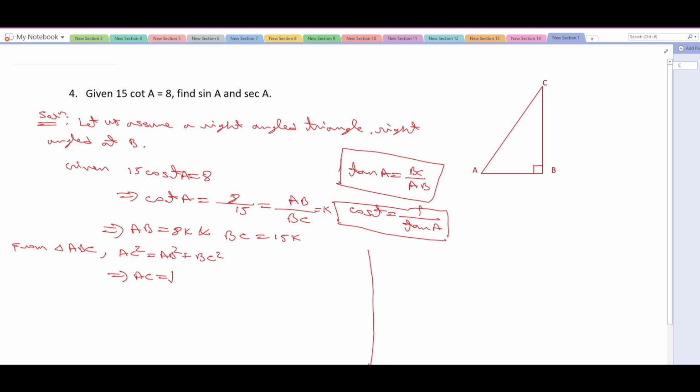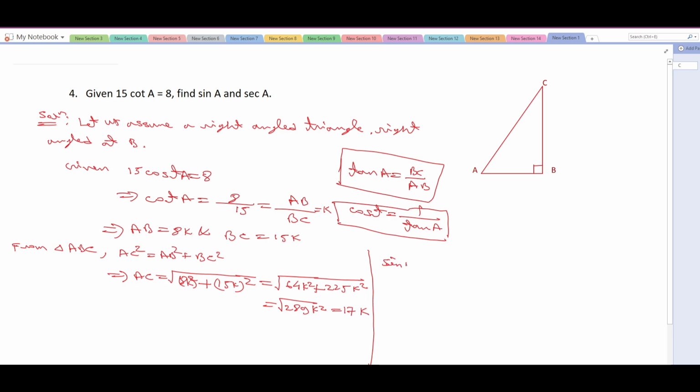Therefore AC equal to root over 8K square plus 15K square, equal to root over 64K square plus 225K square, equal to root over 289K square, equal to 17K.